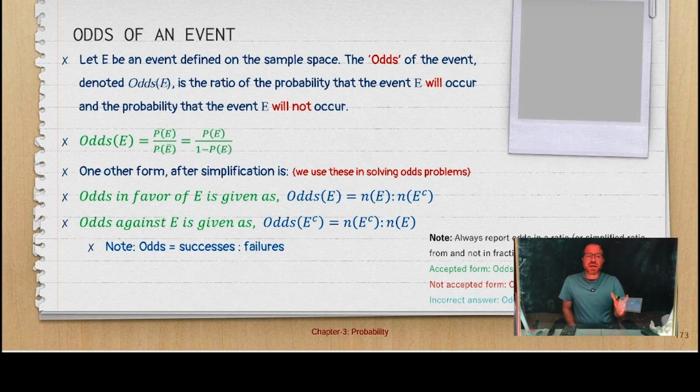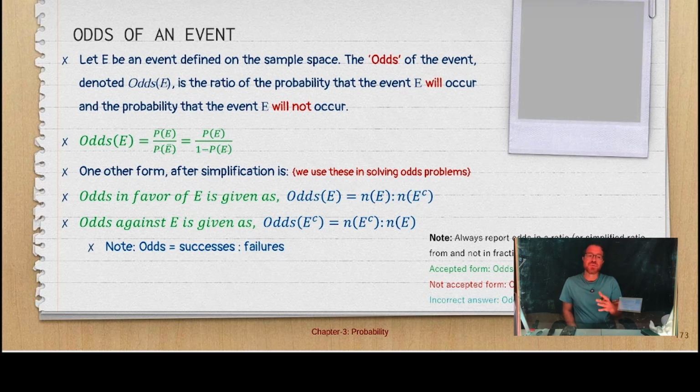The next definition we have for this section is the odds of an event. So the probability of an event is the likelihood that it occurs. It is the number of outcomes in some event A over the number of outcomes in the sample space, or the total possible outcomes. The odds of an event are a little bit different. So let E be some event defined on the sample space.